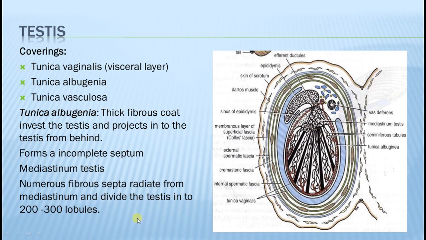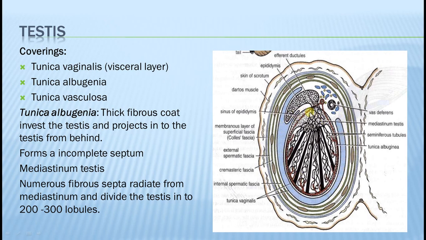So each testis has got around 200 to 300 lobules. So outermost covering, you are able to see this blue colored one is the two layers of the tunica vaginalis. That is the parietal layer and this is the visceral layer. I told you both are continuous above and below, so it is a closed sac.